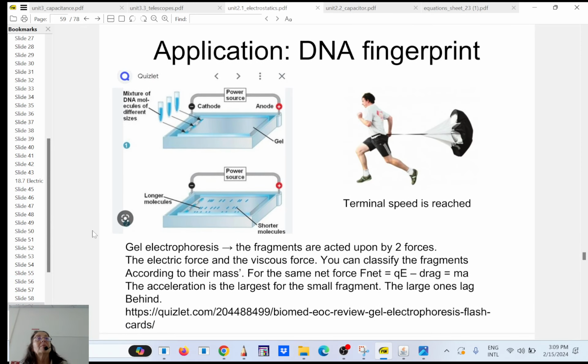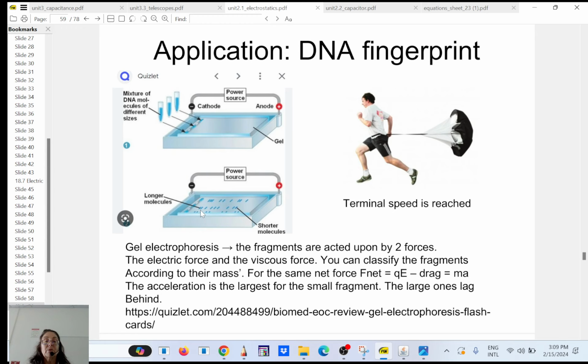So a few applications here. For example, there is a technique to sort out segments of DNA. Some pieces of DNA will be longer, so more mass, and some of them will be smaller, with less mass.